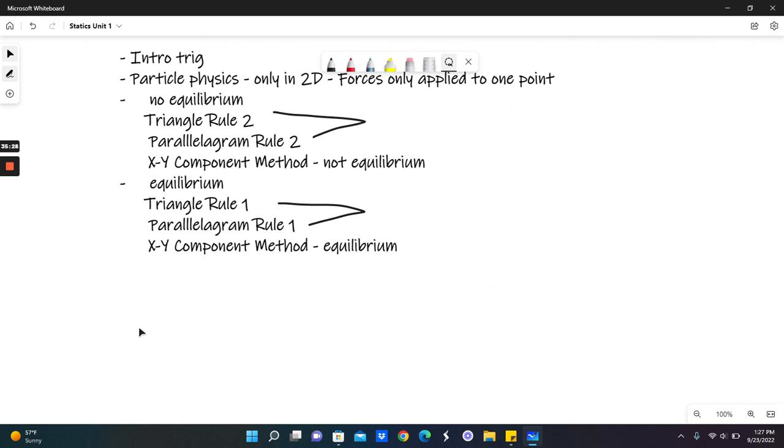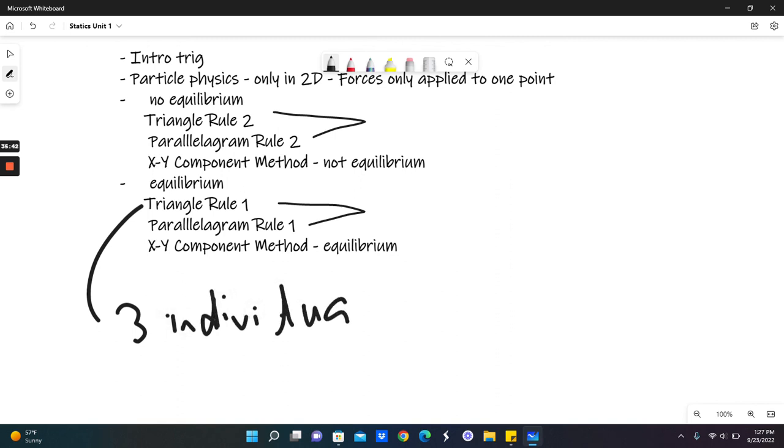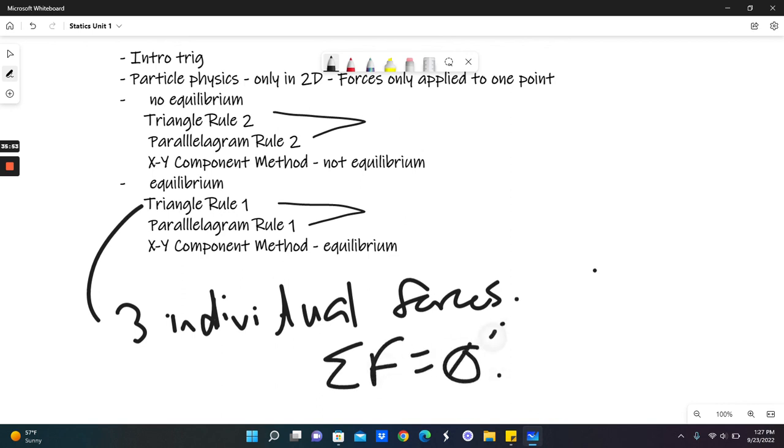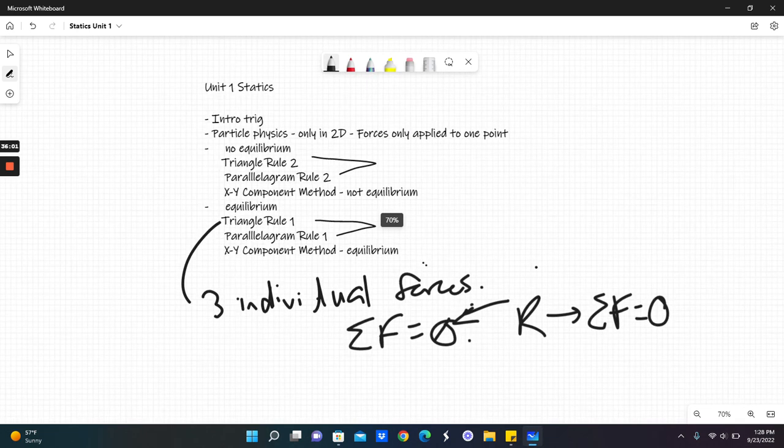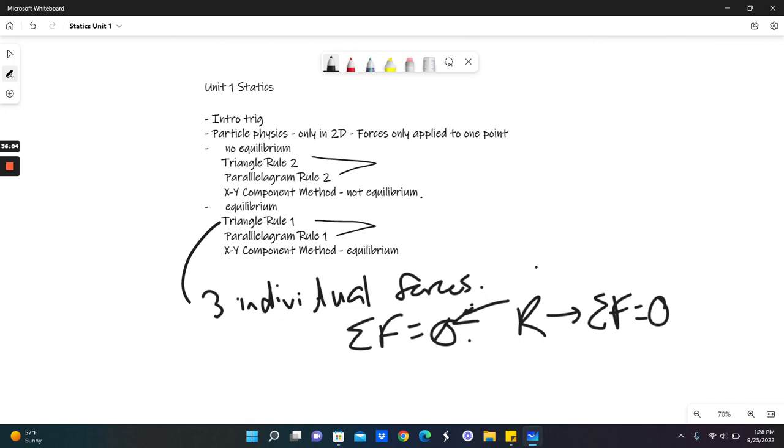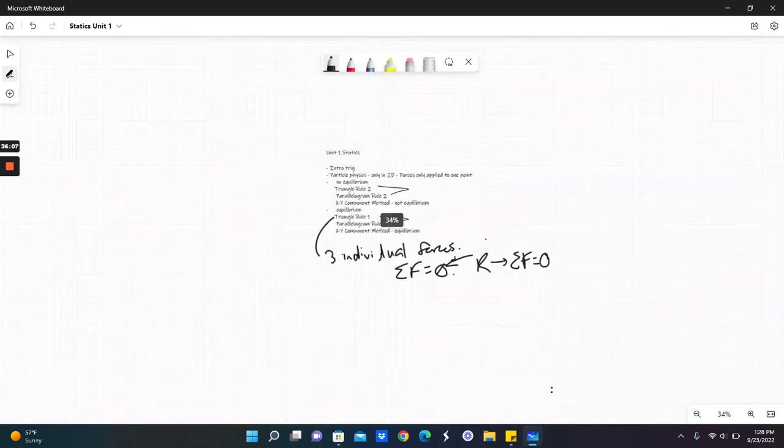Irrelevant. The point is, for the equilibrium triangle rule, we're going to have three individual forces where the sum of the forces is equal to 0, right? That's our equilibrium condition: the resultant, which is the sum of the forces, is equal to 0. This also means that the forces are going to create a closed polygon.